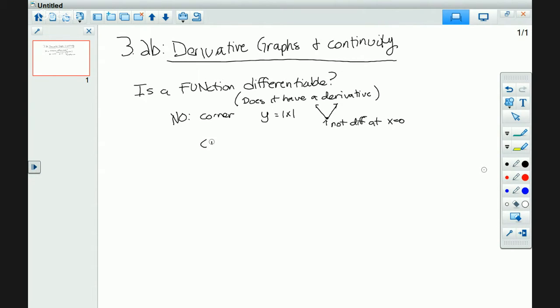And we can also have cusps. What is a cusp? Have you ever heard that term? What it has a cusp.